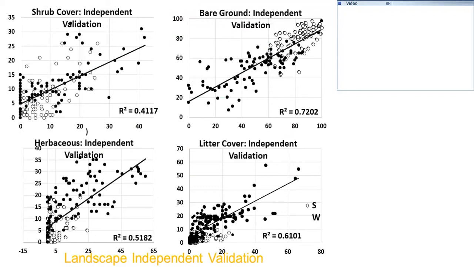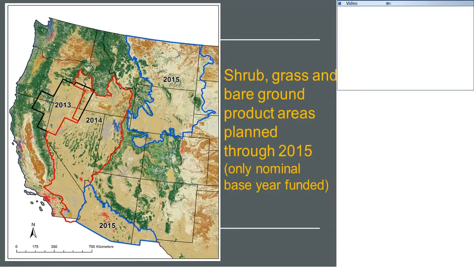This is at the Landsat scale. We do amazingly well at litter. Herbaceousness varies, and shrub again depends on the variety of the landscape. Root mean square errors for a shrub are usually 5 or 6, plus or minus 5 or 6 percent. Bare ground is plus or minus 8 or 9 percent. So this is where we're doing what, where, when, and how.